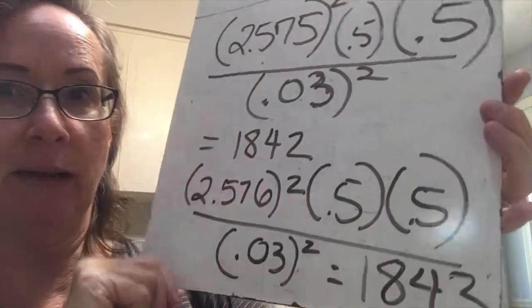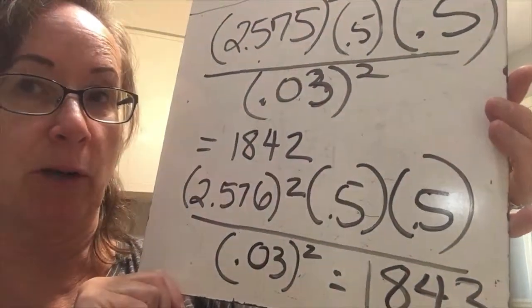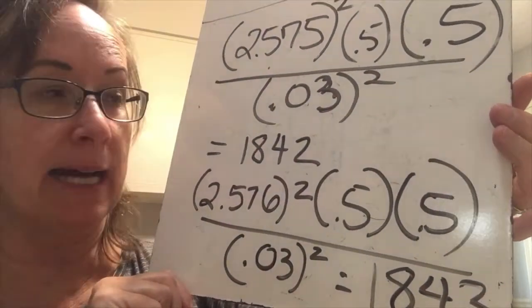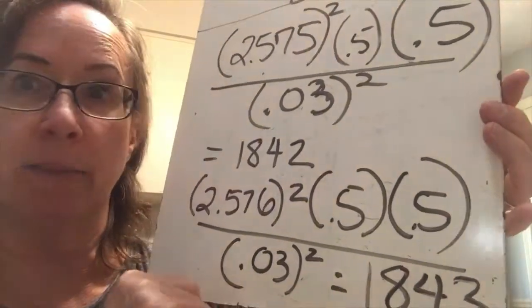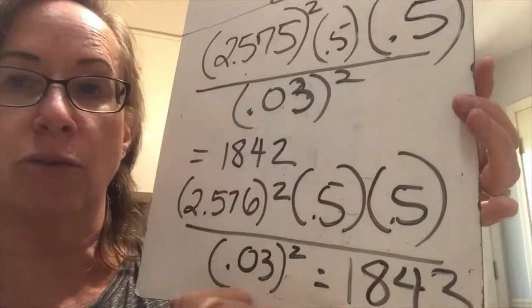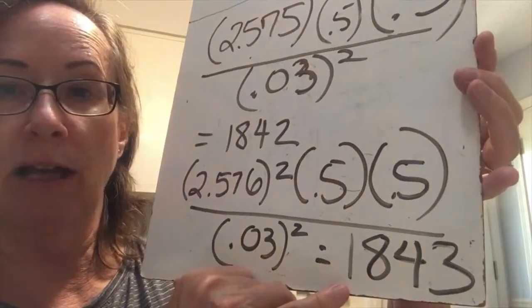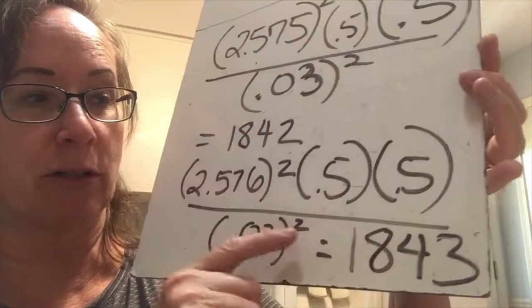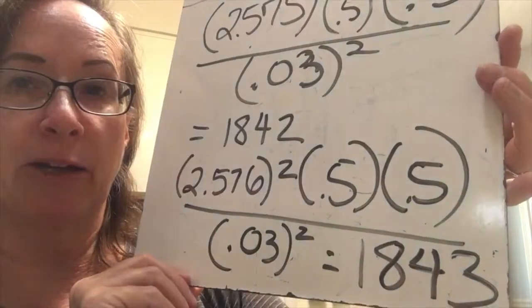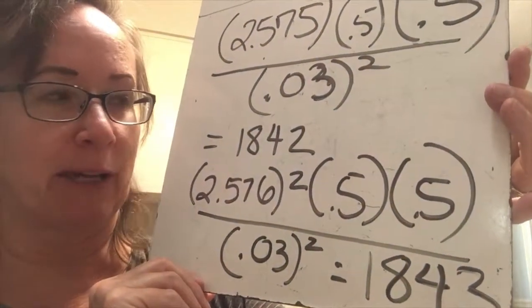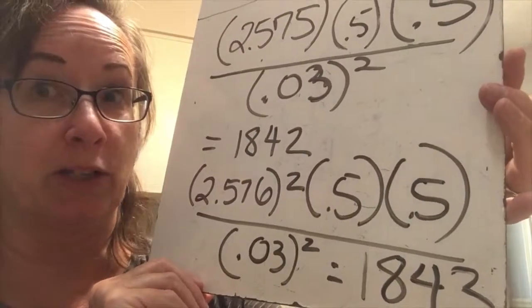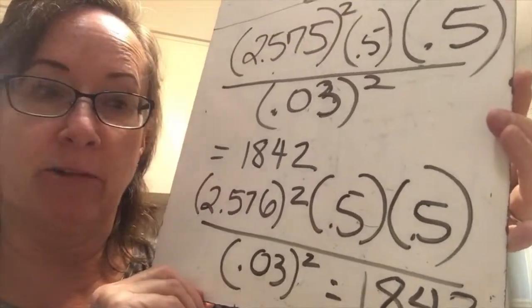Either one of those, I would accept either one if I were grading a test, because they're both accurate. Now, usually our technology is considered to be more accurate, so getting your score from your technology is a little bit better, but hey, they're so close together. I'm not going to worry about one digit. I know that you did the work if you got 1,842 or 1,843.